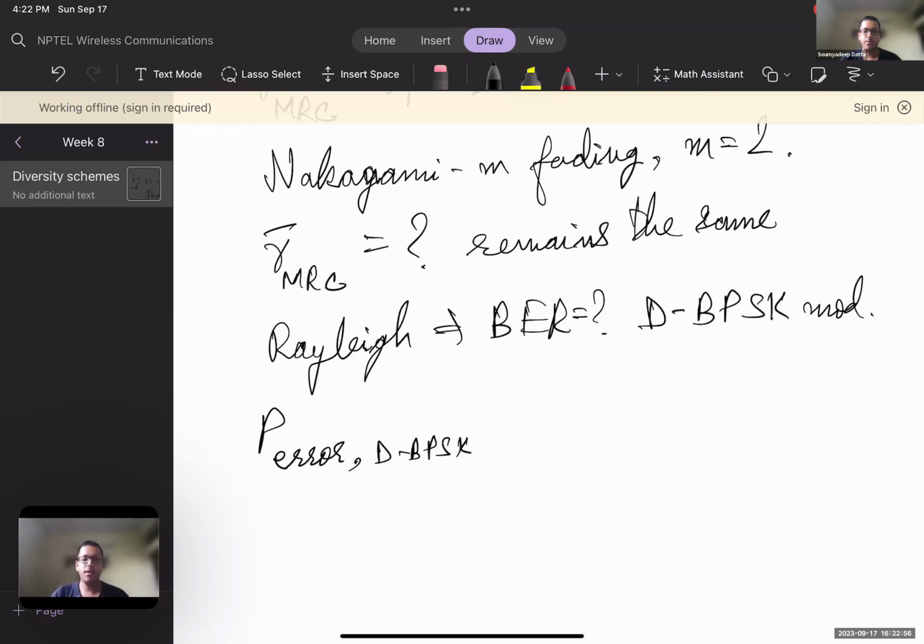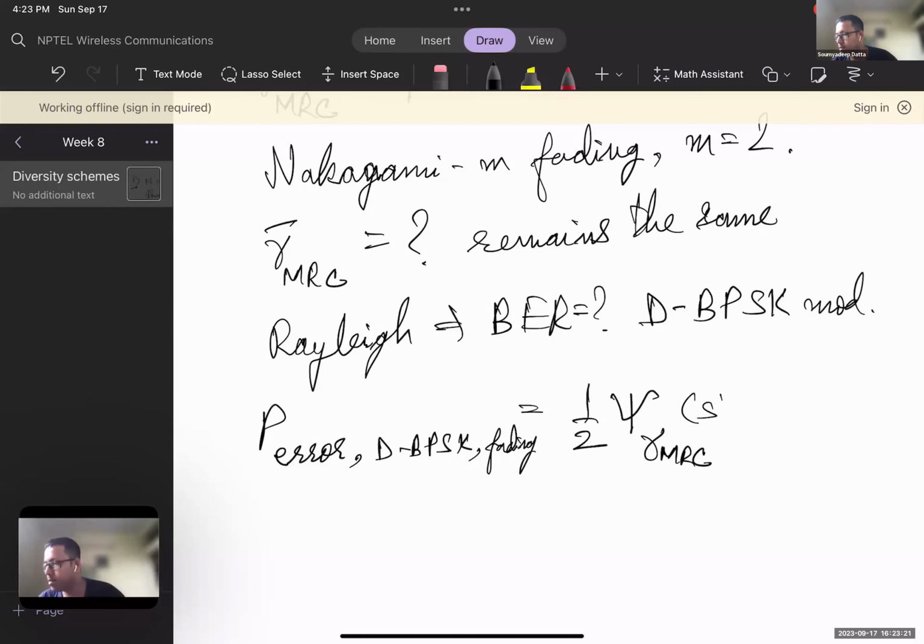So the probability of error in differential BPSK with a fading channel is half times the characteristic function psi of this effective SNR gamma MRC at the value s equal to -1.